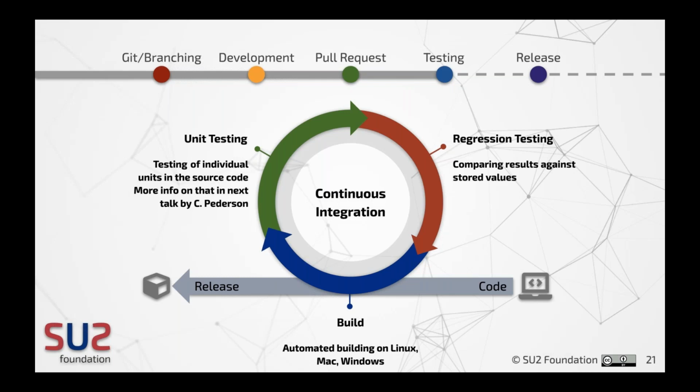And the nice thing is that GitHub already offers a framework that we can use. So we automatically do unit testing, and you see more about that in the next talk by Clark Pederson. We run regression tests that compare results against stored values. And then finally, we compile it on Linux, Mac, and Windows.